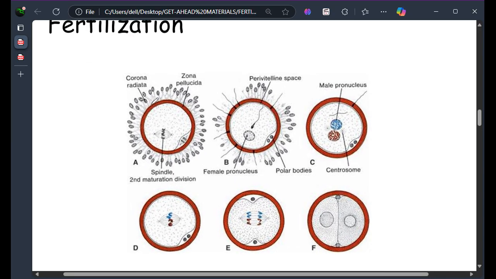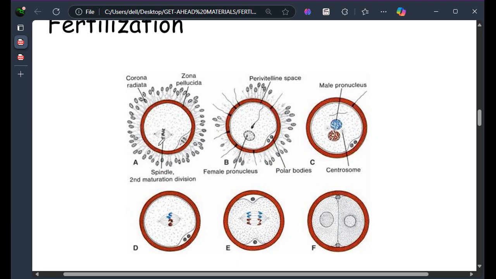For those who have been following, we know that the oocyte does not complete meiosis 2. It is arrested in metaphase of meiosis 2. This is the second arrest.